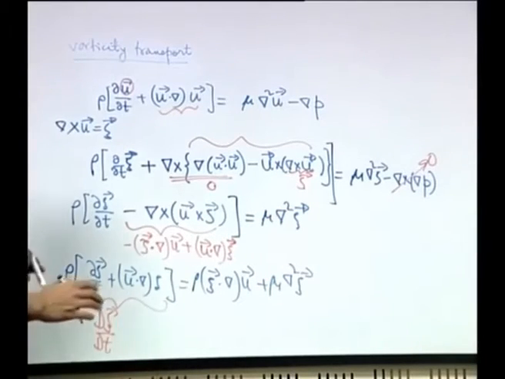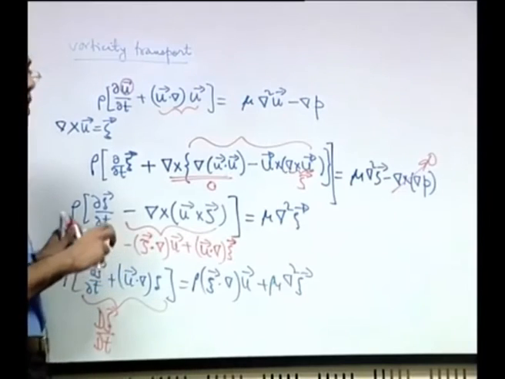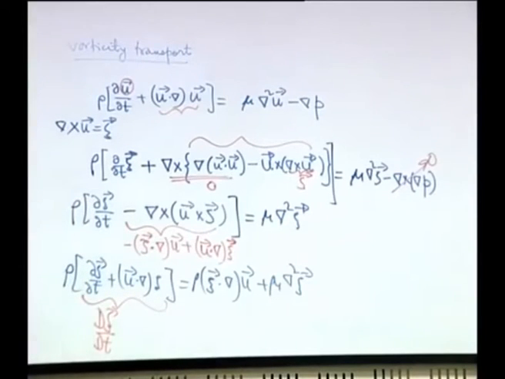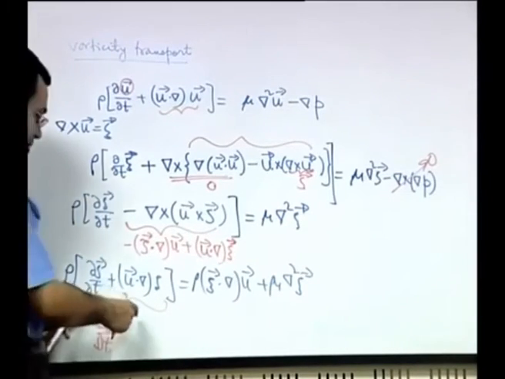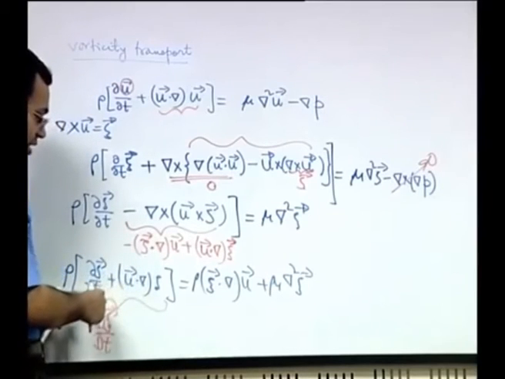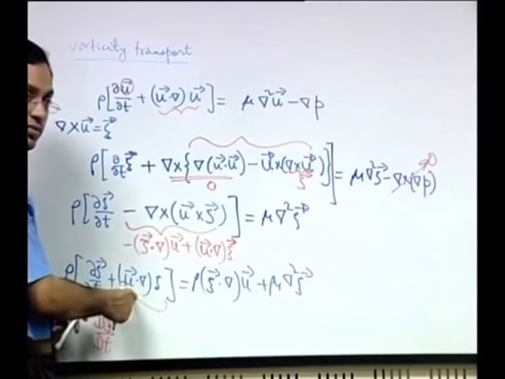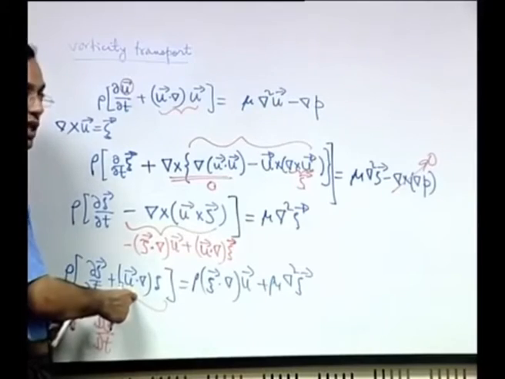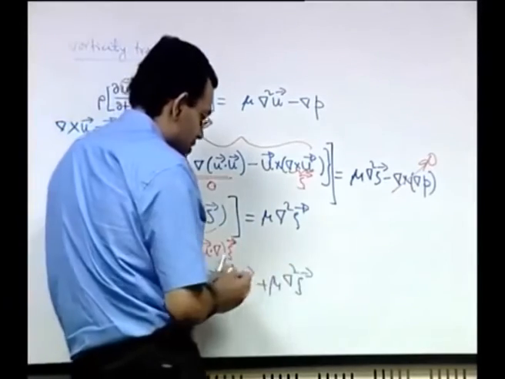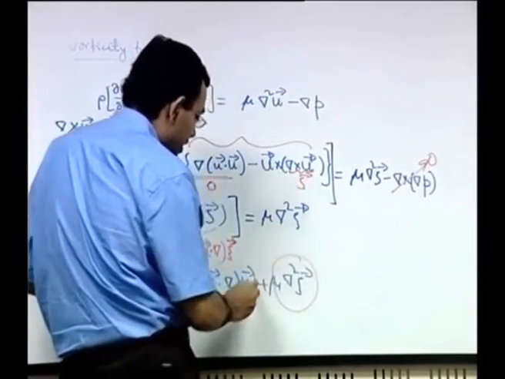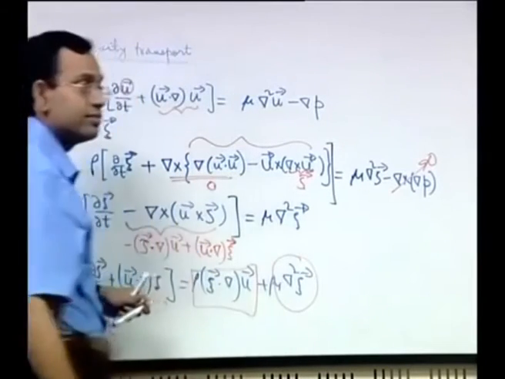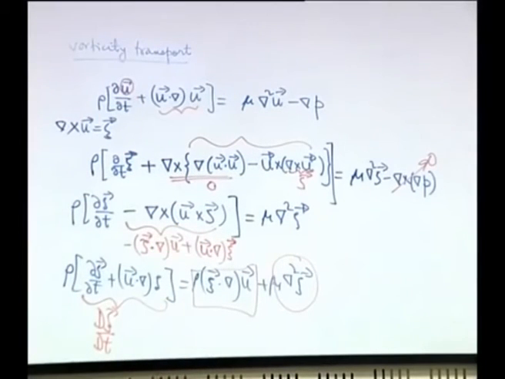Now, we can see that it is a sort of advection diffusion equation with a source. The left hand side has the transient term and the advection term, this is the diffusion term and this is something like a source. Now, what is the source of vorticity in a turbulent flow?